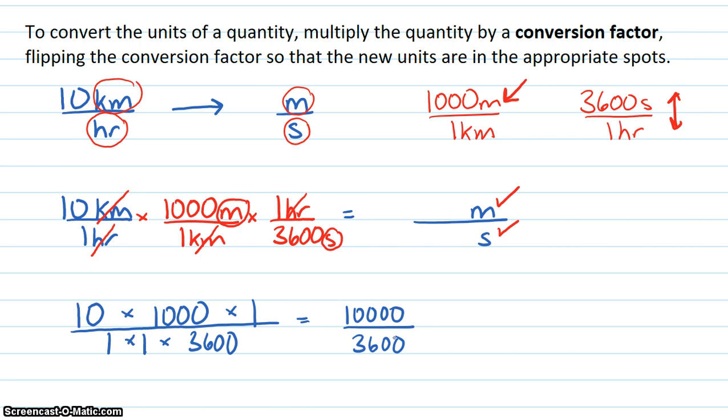We get 10,000 divided by 3,600 equals 2.78, and our units we said were meters on the top, seconds on the bottom. So 2.78 meters per second would be your conversion of 10 kilometers per hour.